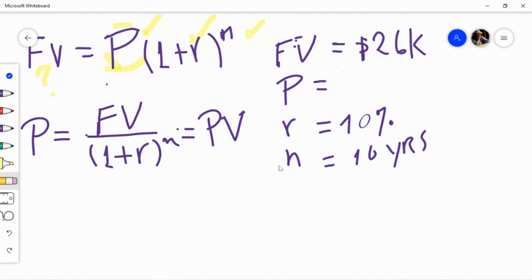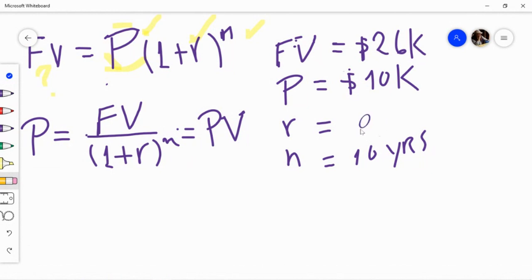Now, next possible question: how do we solve for n?